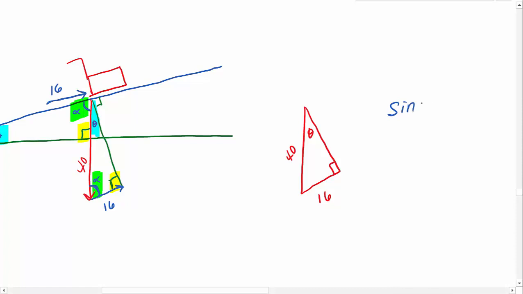So sine of theta is equal to 16 over 40. You could simplify that fraction, but I wouldn't waste my time because we're just going to plug it into our calculator to figure out theta. If sine of theta is that fraction, then theta is going to be sine inverse of that fraction.